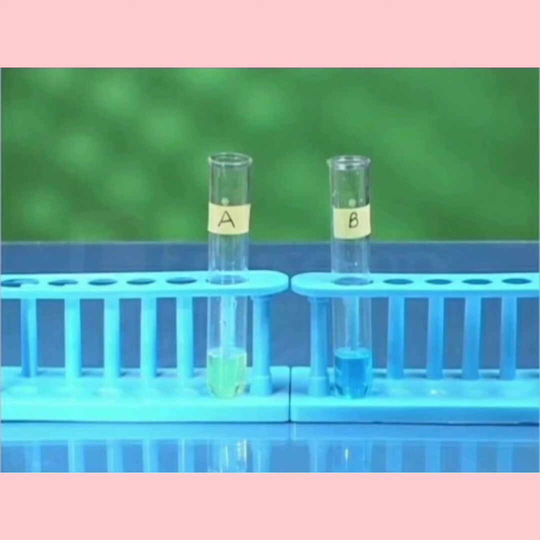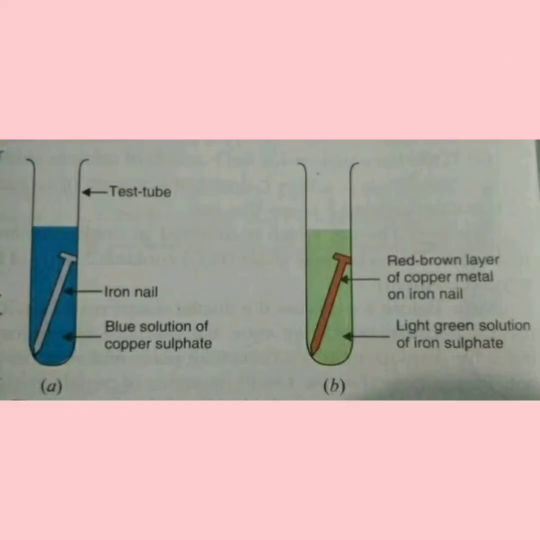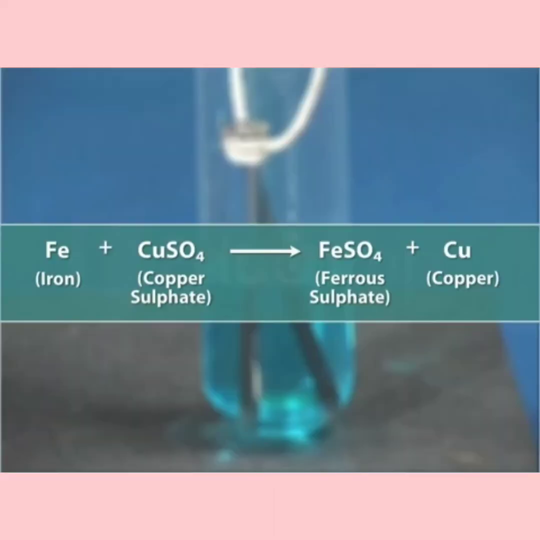This happens because iron reacts with copper sulfate solution and forms new substances such as iron sulfate and copper element. You should know copper sulfate solution is blue in color while iron sulfate solution is green in color. Again, through this activity we can say that in chemical changes, new substances are formed.